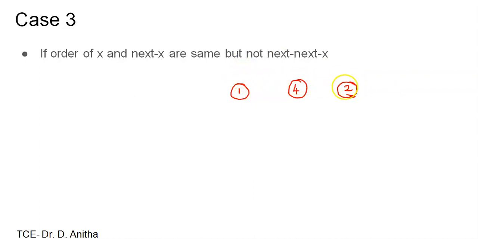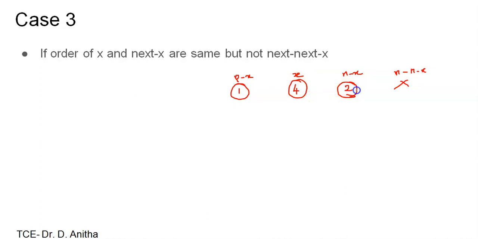All are equal, so it is case 2. So we'll move x here. Now this is x, this is previous x, this is next x, and there is no next of next x. There is nothing. So now the order of x and next x is the same, but you don't have a next of next x, or the order is not the same.